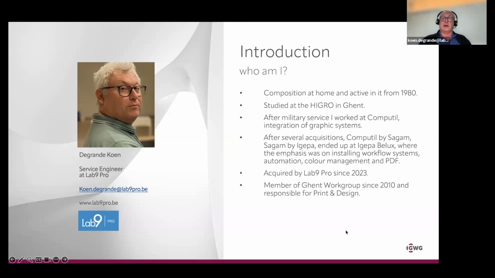I've been in the Gendro Group since 2010, and as I said, I'm responsible for print and design. You see also my email address; if people have questions or remarks about those things, please reply to that email address.